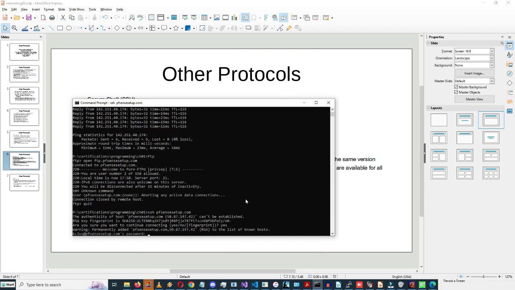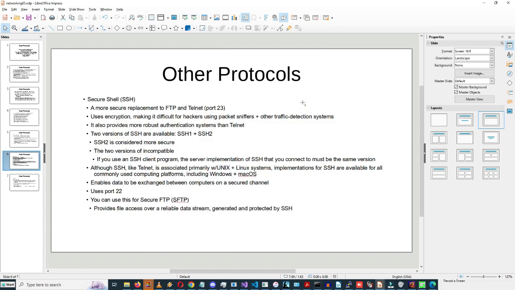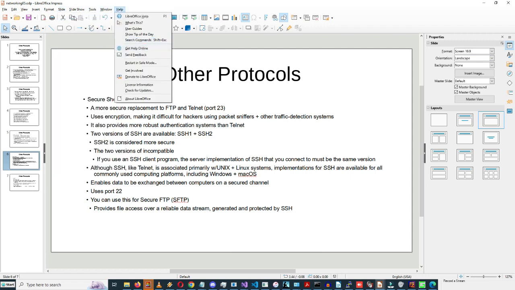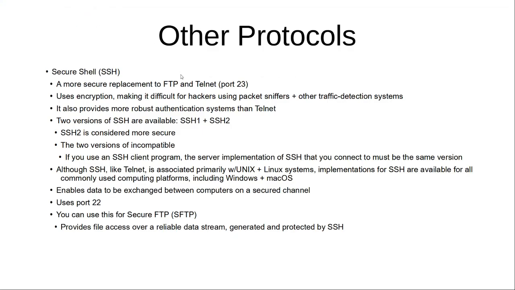Okay, so that seems to work. So anyway, let me just get this back. This enables data to be exchanged between computers on a secure channel and uses port 22, which is different from Telnet, which uses port 23. You can use this for secure FTP, and this provides file access over a reliable data stream generated and protected by SSH.